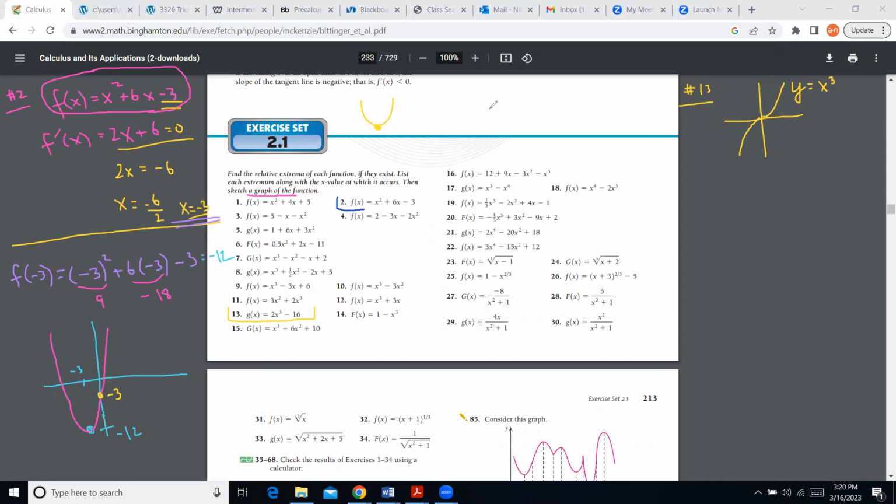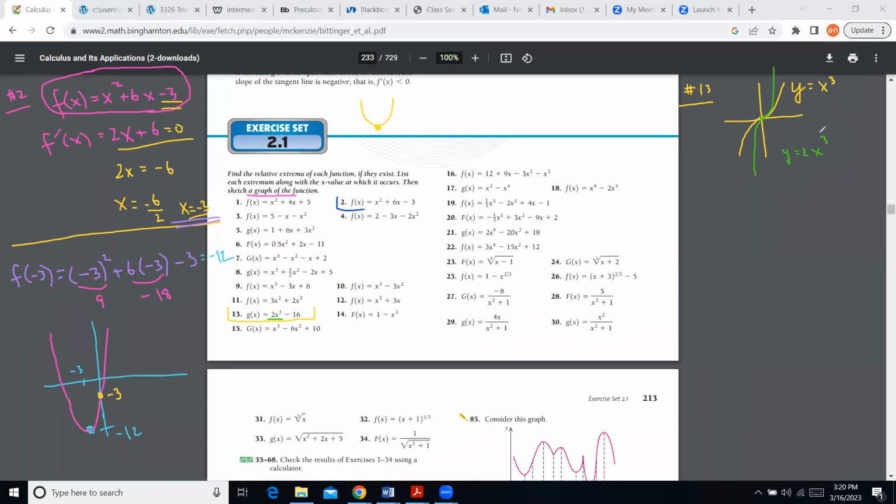And I guess we don't really need any methods of calculus for this, because if I look at what function we're supposed to graph, it'd be 2 times x to the power of 3.